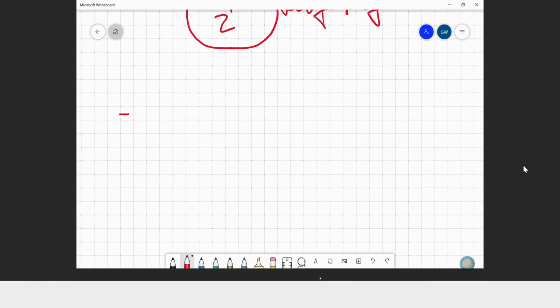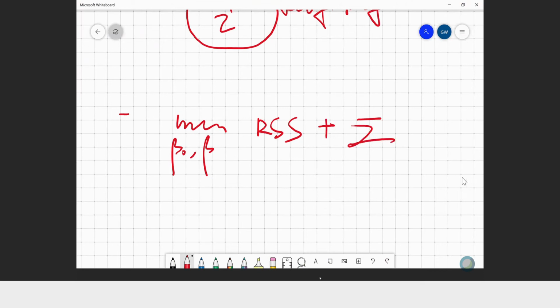What's the goal there? We want to minimize the residual sum of squares plus a penalty term, the sum of the absolute values of the coefficients.